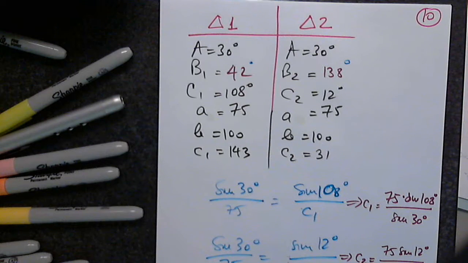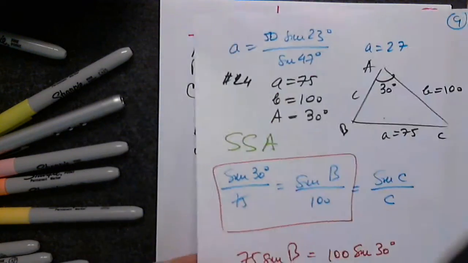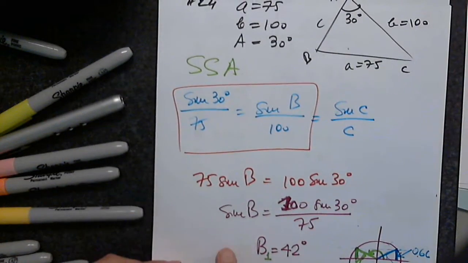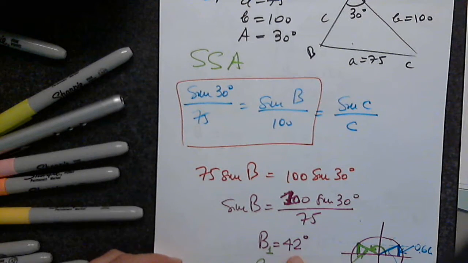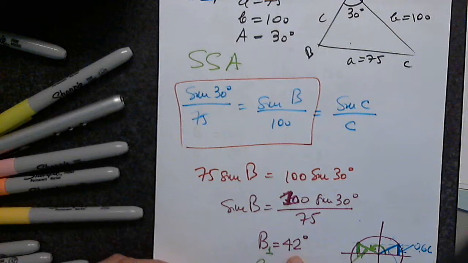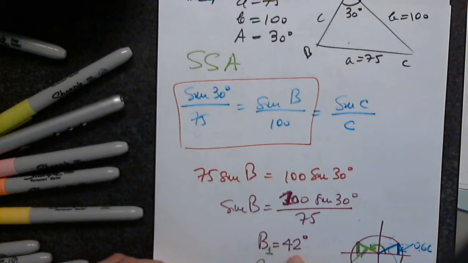When would you not end up with two triangles? Very good. For example, if this one is an angle that is 160. No, we already have 30.